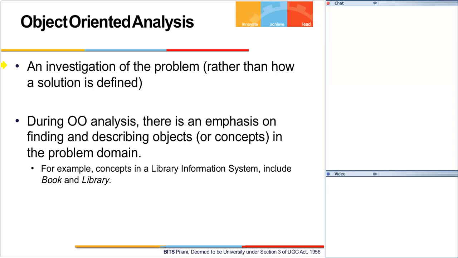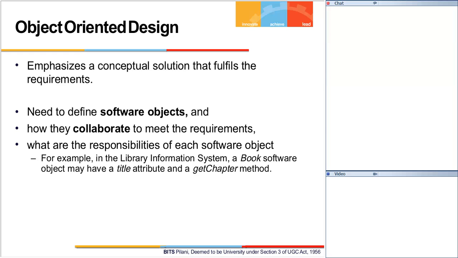So your book is a domain object and there is a library, right? Whereas if you go to the design level, you will identify the attributes the book software object will have, and you will also identify the various methods this will have, right?